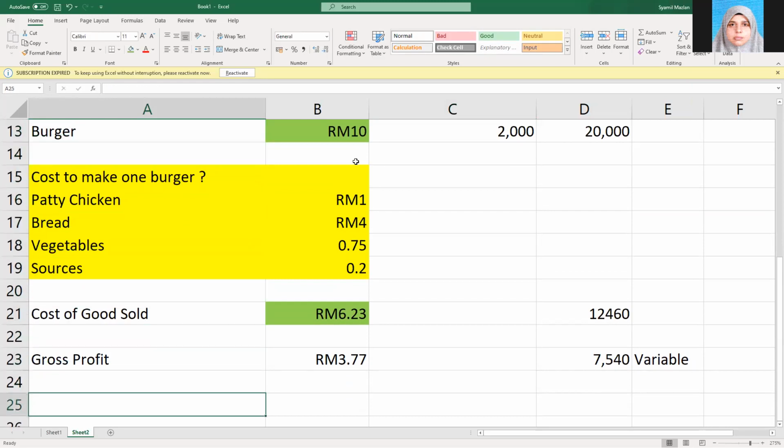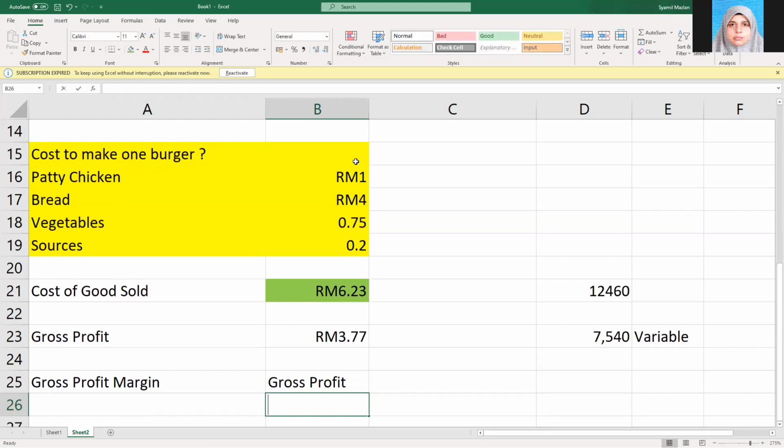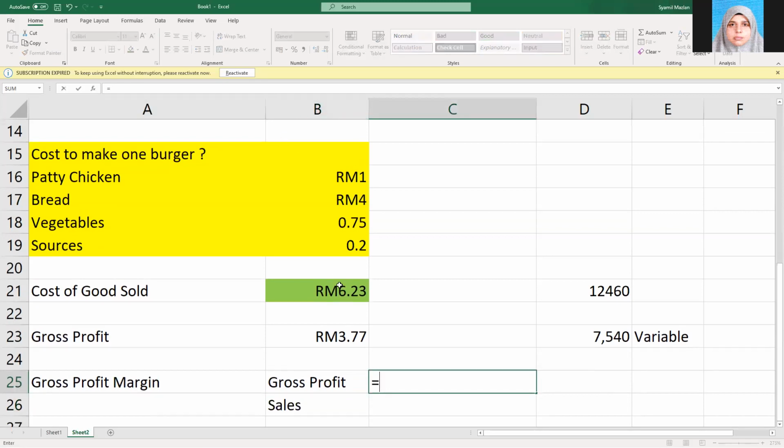So next, I want to show you how you want to find the gross profit margin. Okay, for example, what is the formula of the gross profit margin? Gross profit divided by sales. Okay, so for example, this is the gross profit.